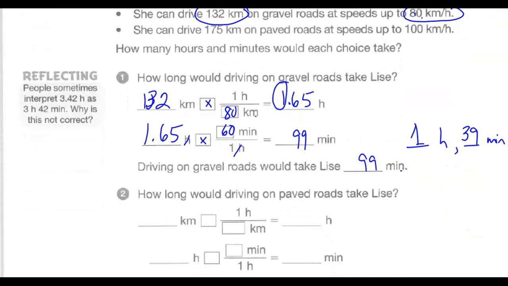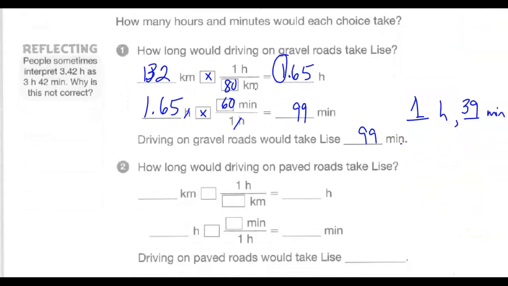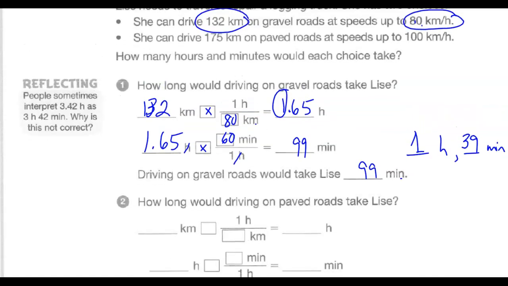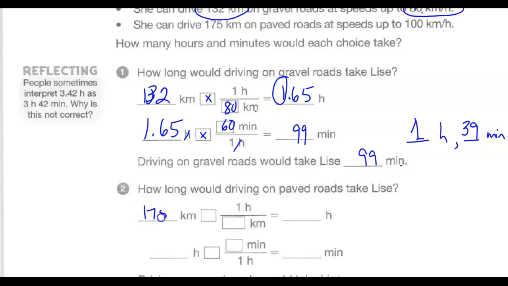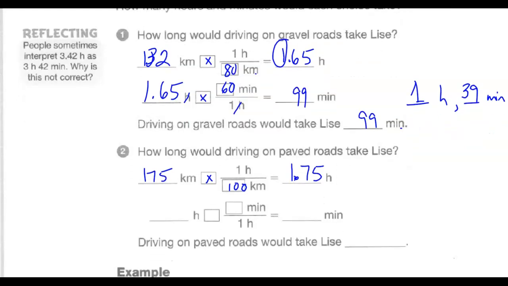Okay. Now, paved roads. Paved roads was 175 kilometers, and maximum speed was 100. So we would multiply by 1 over 100 or divide by 100. And that moves the decimal 2 to the left, so 1.75 hours. So in total, 1.75 times 60.